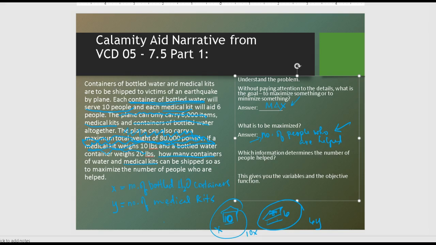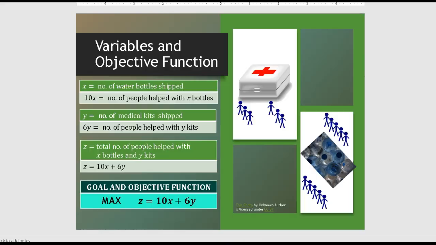So in answering this question, what is to be maximized? It's the number of people who are helped, and that's a total. The total helped by the bottled water containers and the total helped by the Y medical kits. So we have the variables and we now have the objective function. It has to be the total of these two, 10X plus 6Y. So this is what we got.